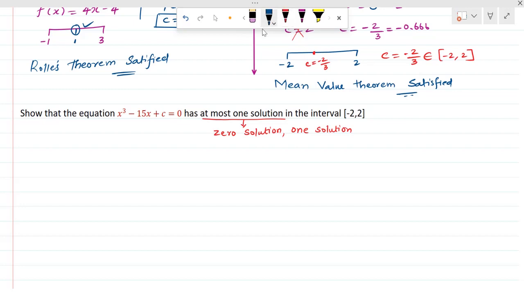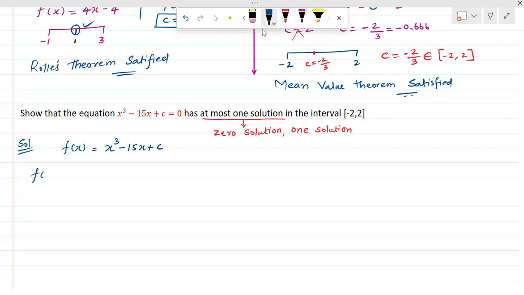So I will solve this by Rolle's theorem because it's easy. So the given function f of x is x power 3 minus 15x plus c. Now I will say it's a polynomial. Whatever be the constant, it is not affecting the polynomial.